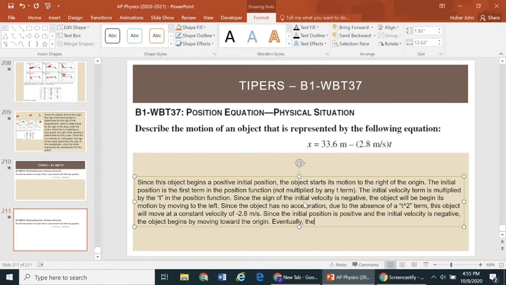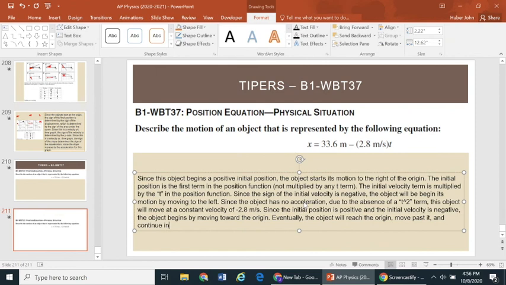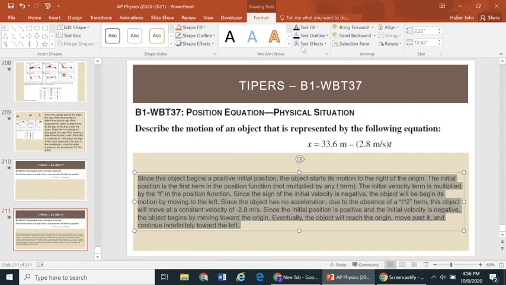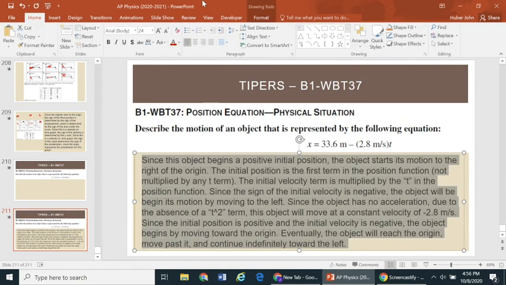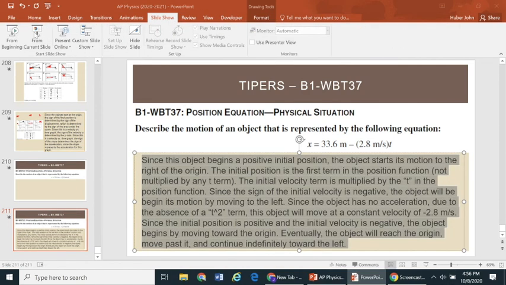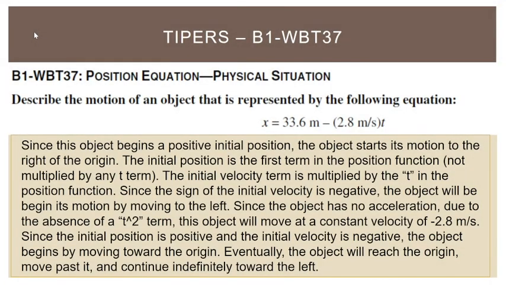Eventually, the object will reach the origin, move past it, and continue indefinitely toward the left. And that is just about as much as you can possibly say about the motion of this object.